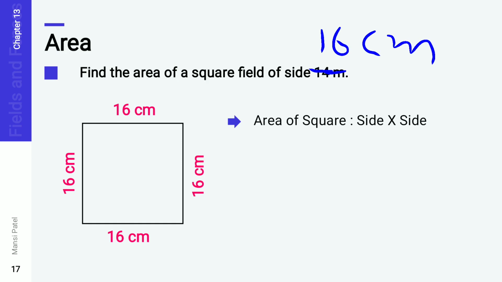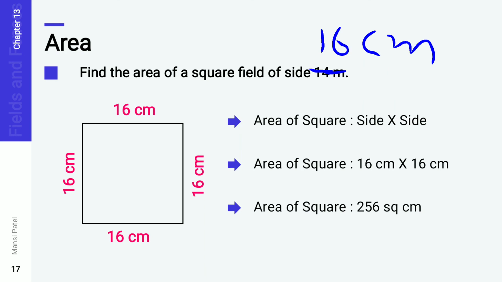So area of square is equal to side multiplied by side and the measurement of side is 16 centimeter into 16 centimeter. Do the multiplication. 16 centimeter multiplied by 16 centimeter is equal to 256 square centimeter. Or we can say that 256 centimeter square.